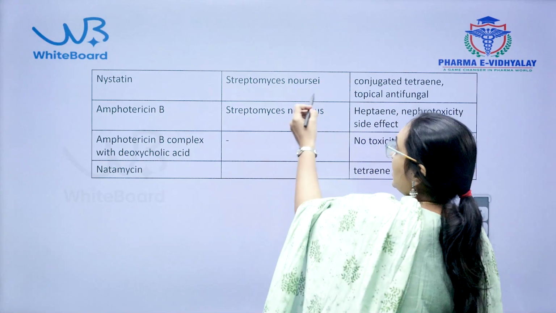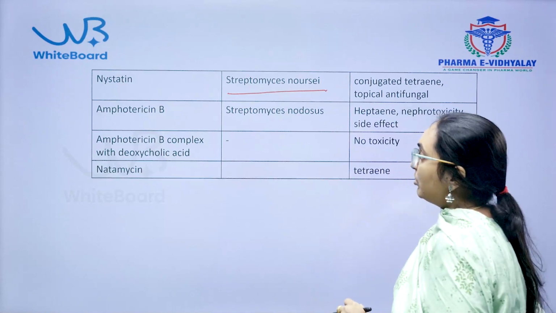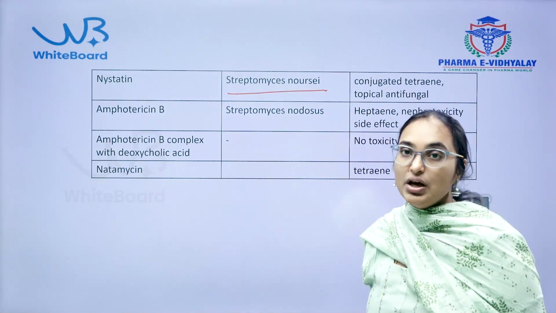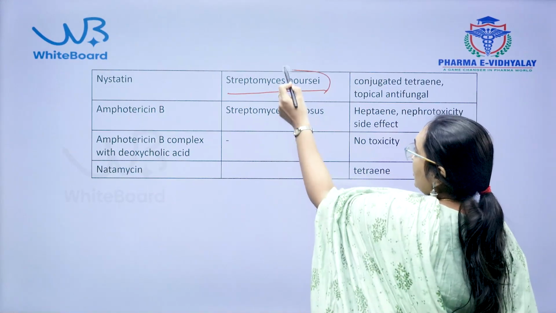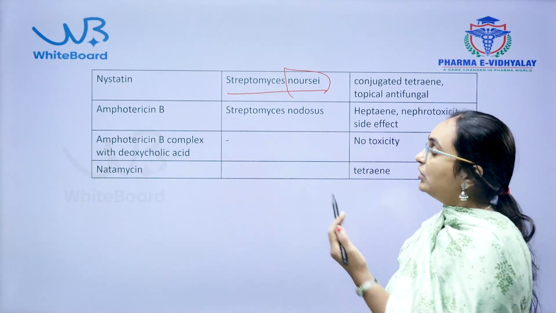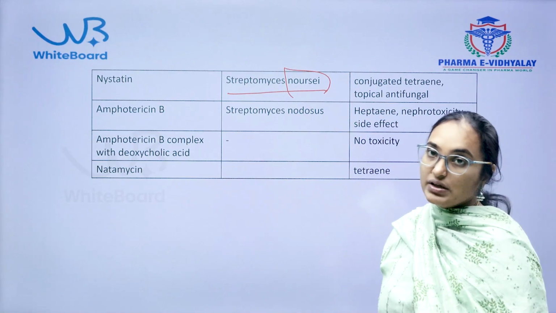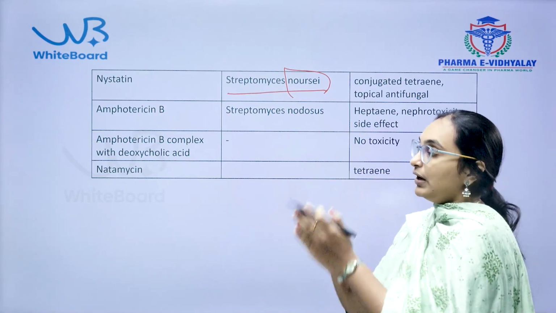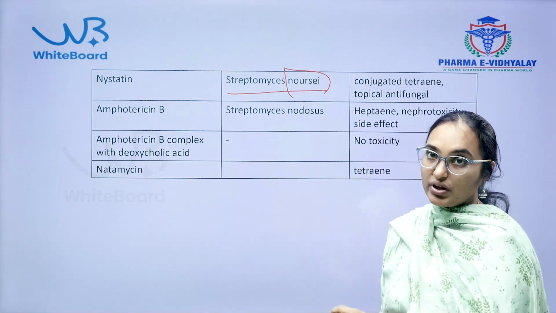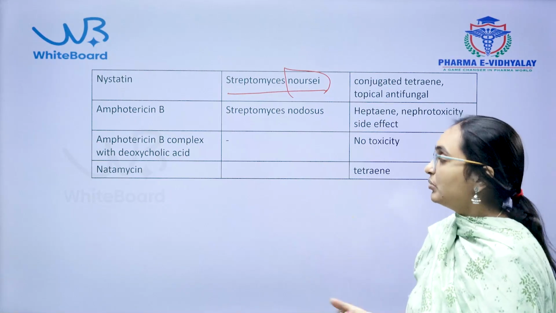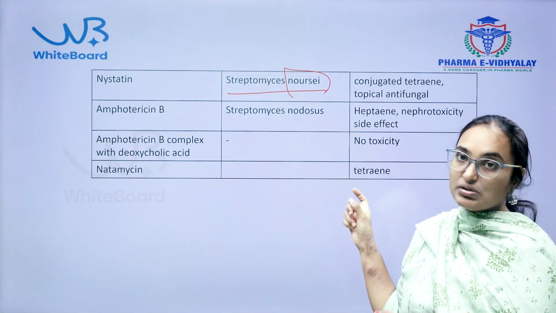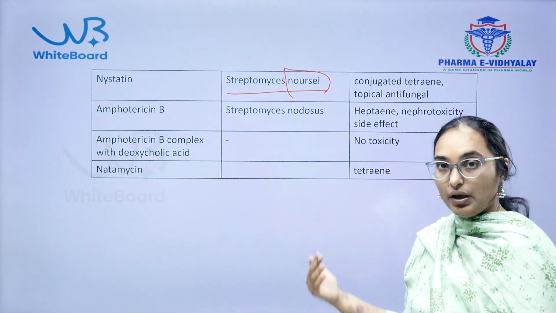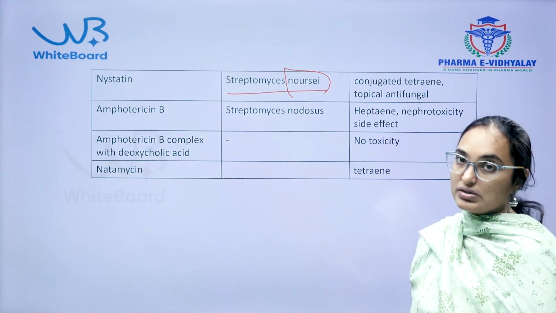Nystatin is produced by the fermentation of Streptomyces noursei. So, after discussing all these drugs, we have the biological sources of the antibiotics, that is, the species of Streptomyces and other microbes, and the list of drugs.